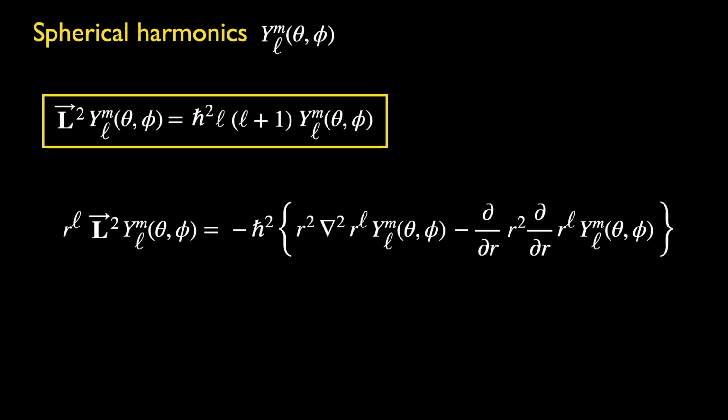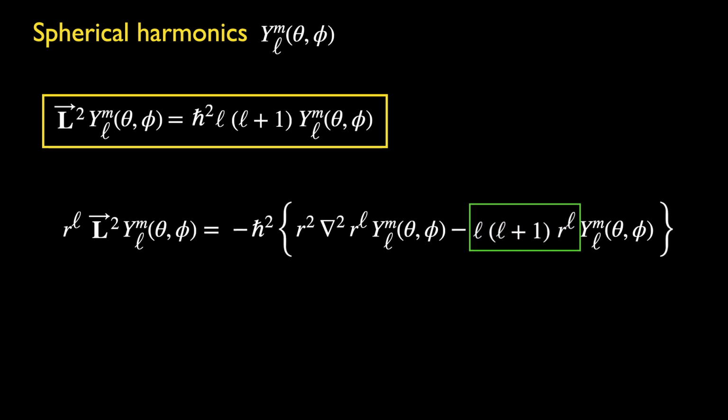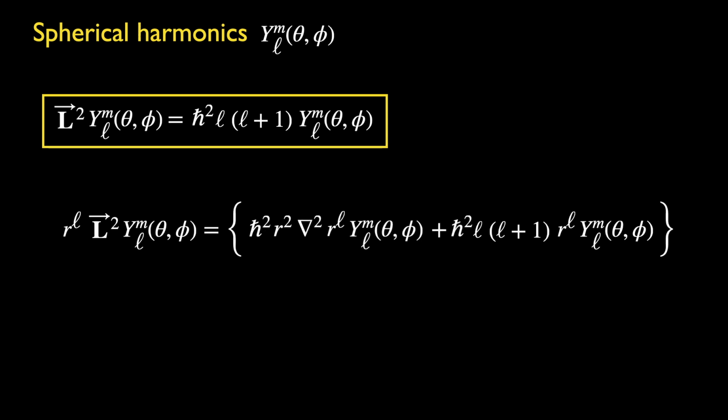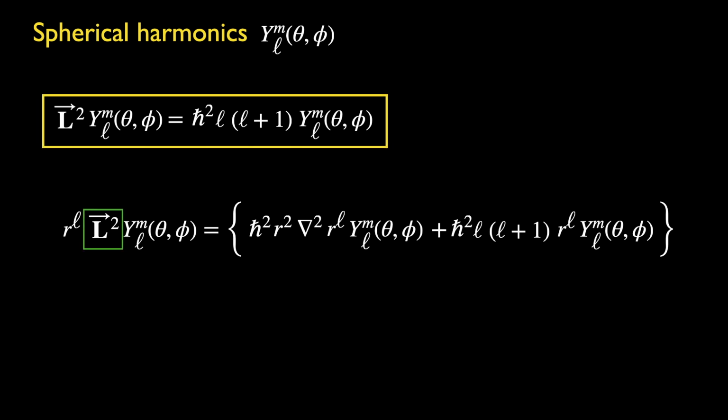Looking at the second term on the right-hand side, all the R dependence of this term is in the green box. This is just a couple of simple derivatives which we have previously calculated. Applying the equation in the yellow box, the operator L squared on the left-hand side can be replaced by its eigenvalue.